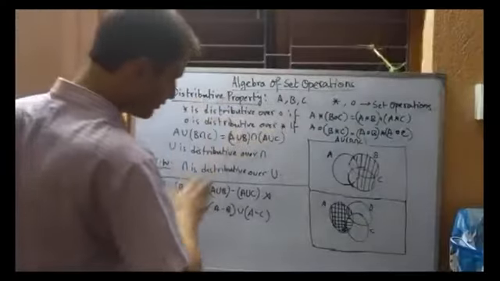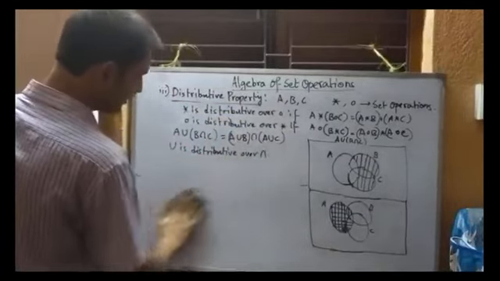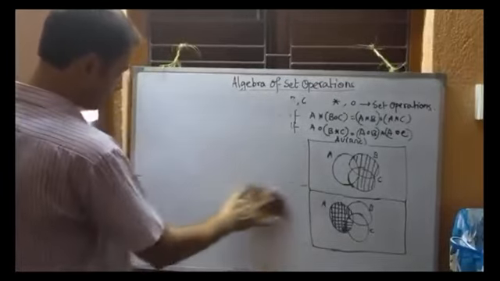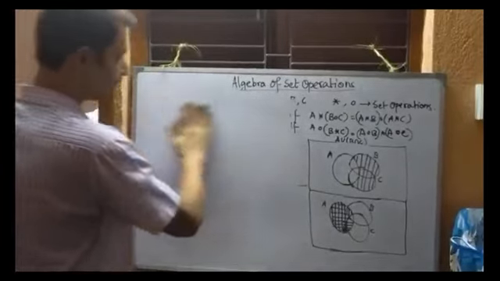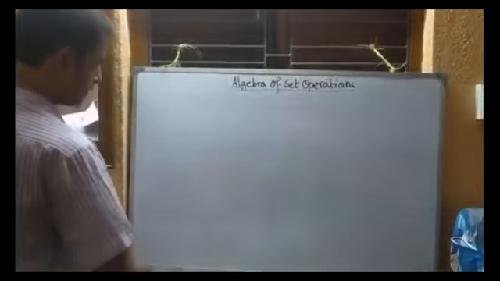So till now we have verified three properties. These are commutative, associative and distributive. There are many more properties with set operations.